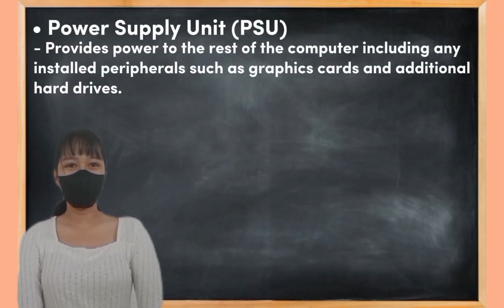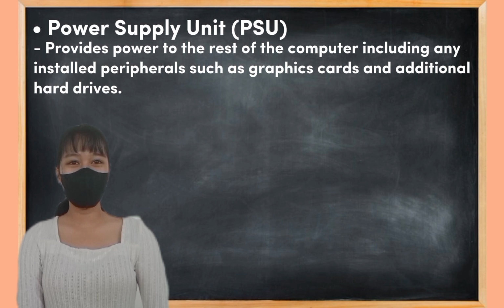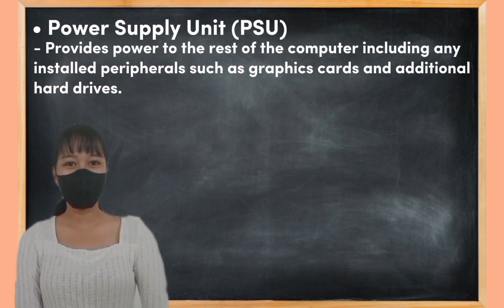One of the key components of any computer system is the power supply unit, also known as the PSU. This component provides power to the rest of the computer, including any installed peripherals such as a graphics card and additional hard drive.